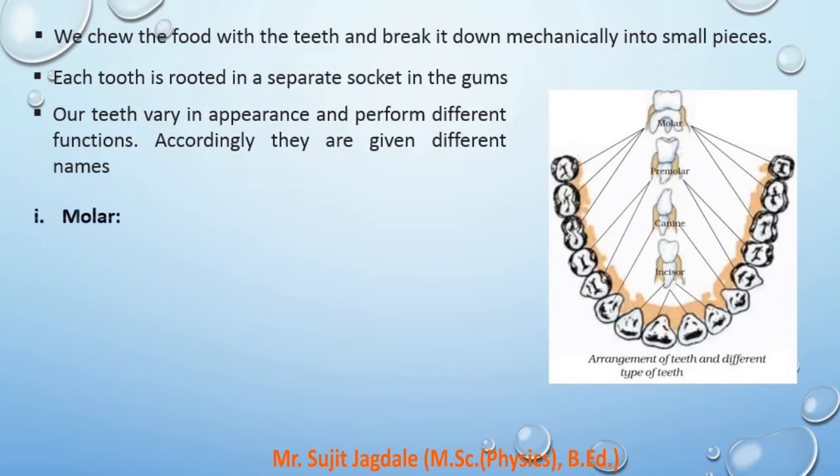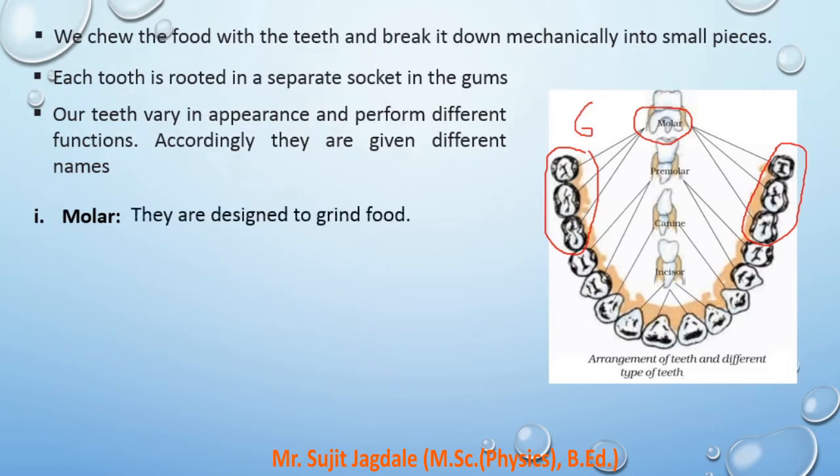Now the first teeth are the molars. Here you can see their position. Left side 3 and right side 3, so total 6 molars are there in the lower jaw, plus upper jaw carries 6, so total 12 molar teeth are there.